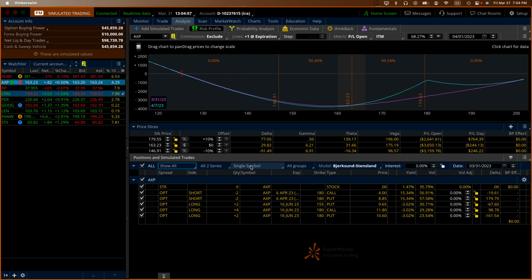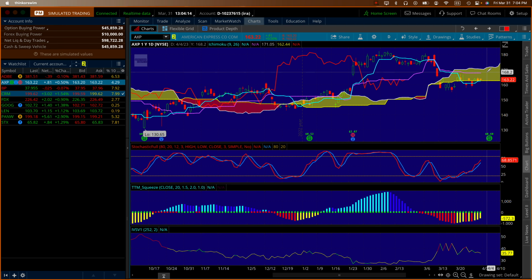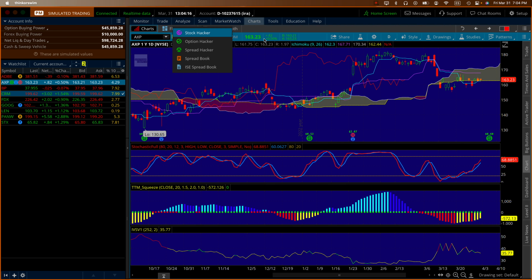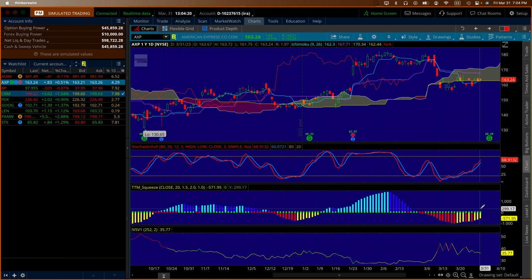And now that the stock is moving up, you can see the chart. It bottomed out and now it's moving up a little bit. That's good. If I suspected that the stock was going to go down again, but I don't have an indication of that. The stochastics are moving up, the TTM is moving up. I have absolutely no indication.